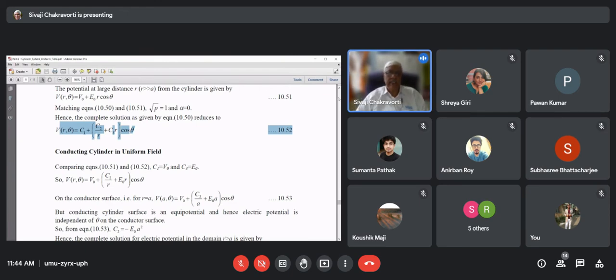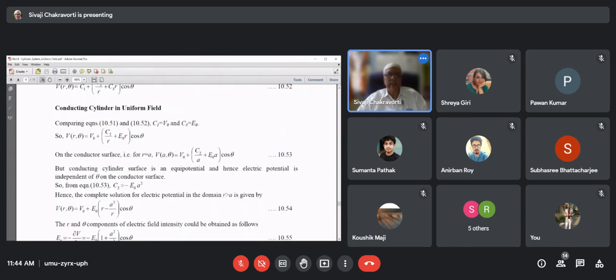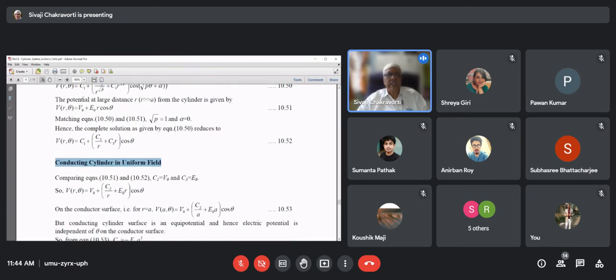So we say that at a larger distance, V(r, theta) is minus E0 r cos theta, which I have already explained. From that, I find that two coefficients can be obtained, C1 and C3, but still C2 has to be found out. Then we do the same thing as we have done in the sphere.